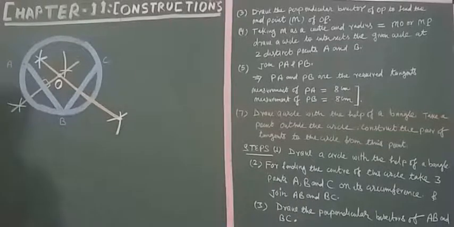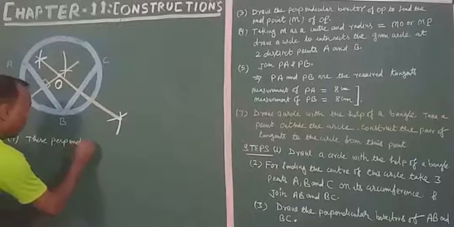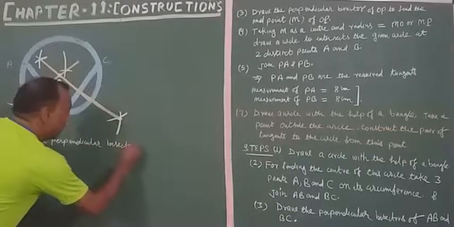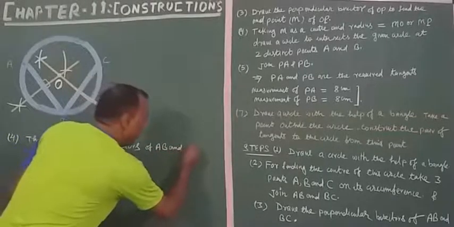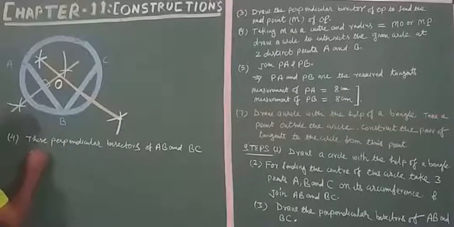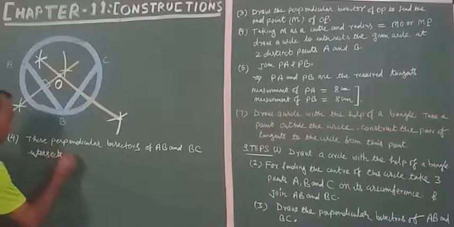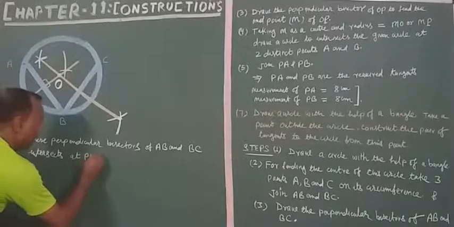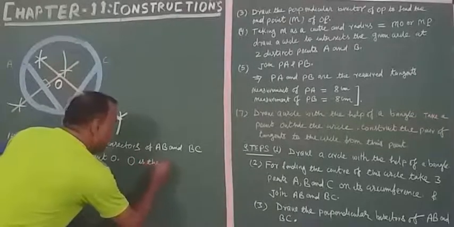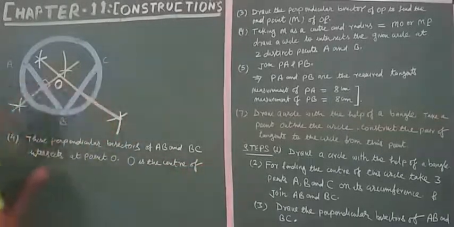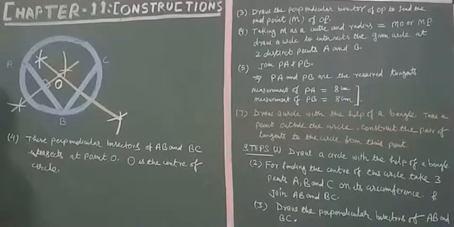Step number 4. These perpendicular bisectors of AB and BC intersect at point O. This O is the center of the circle.